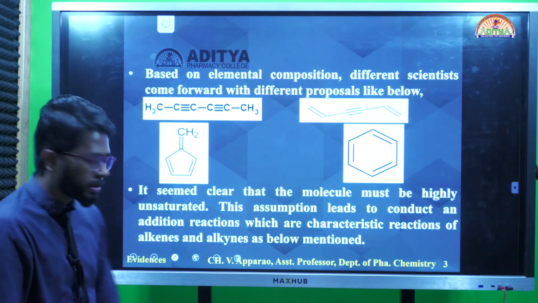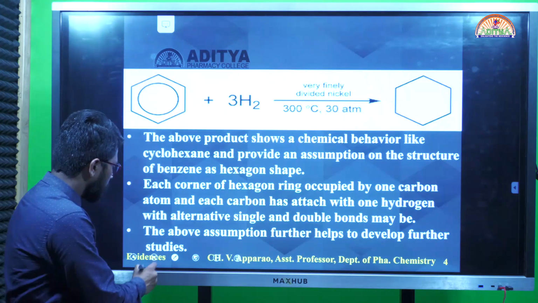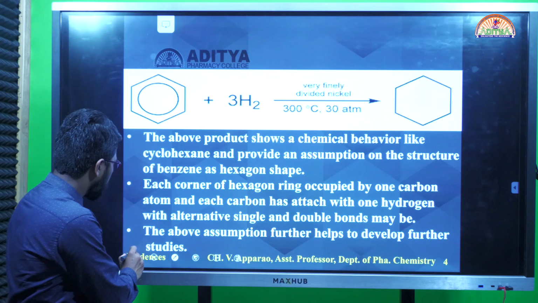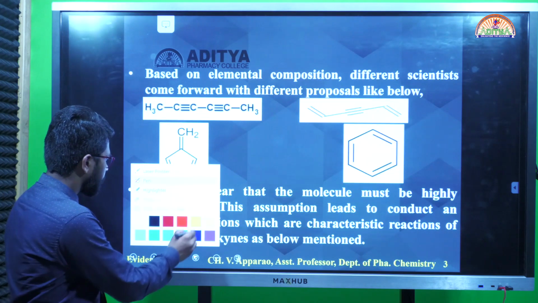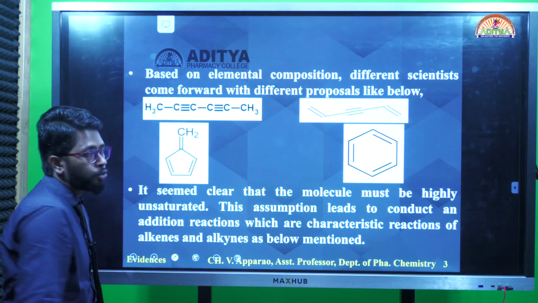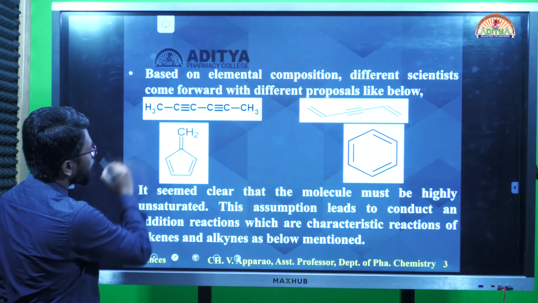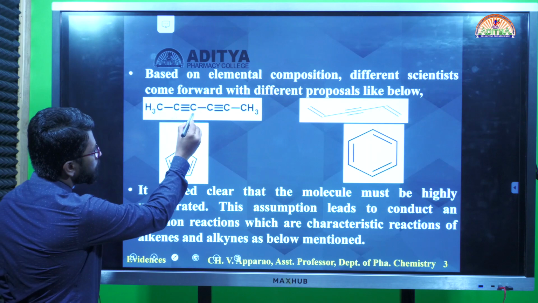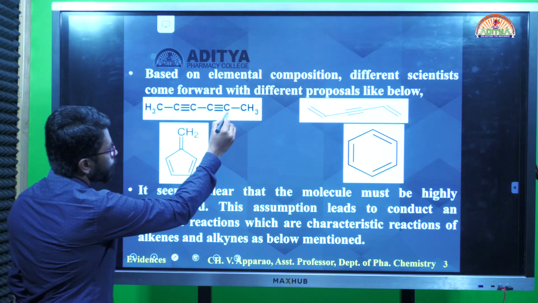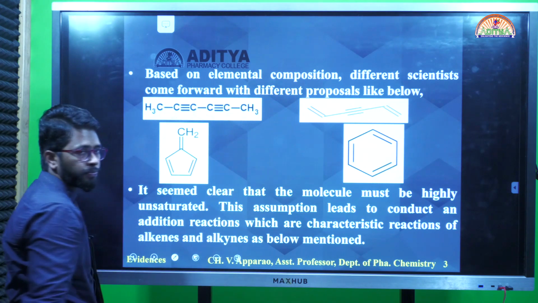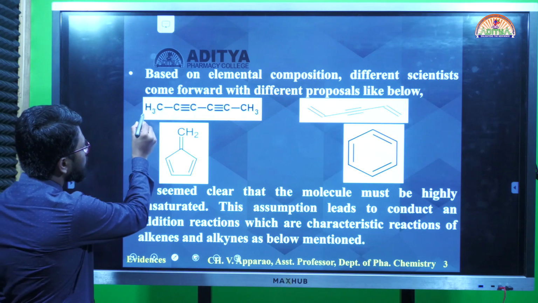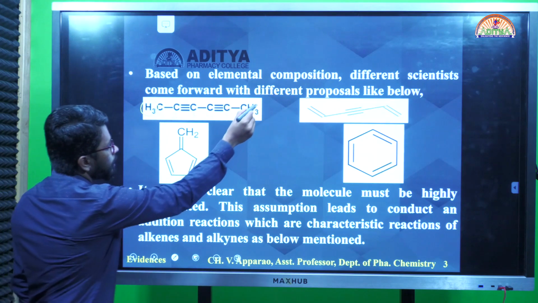Let me check it once. You should also count along with me. Now see here in this one, carbons 1, 2, 3, 4, 5, 6. Hydrogens, here 3, here 3, 6.